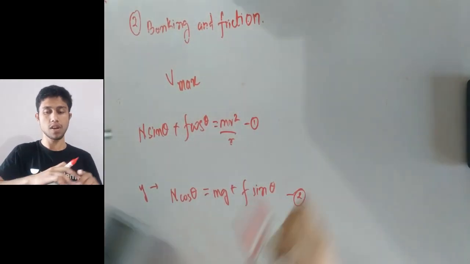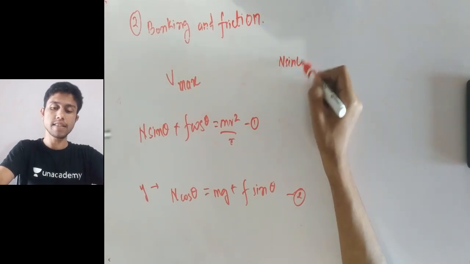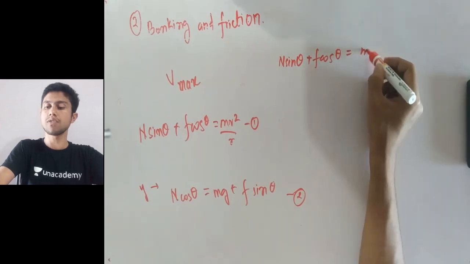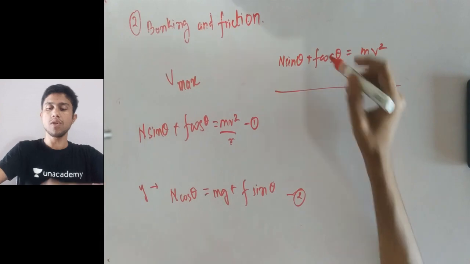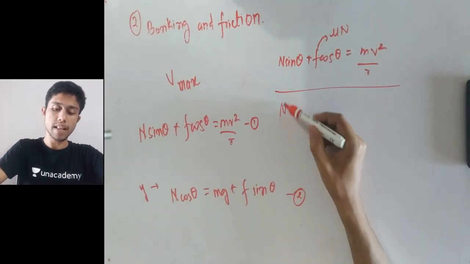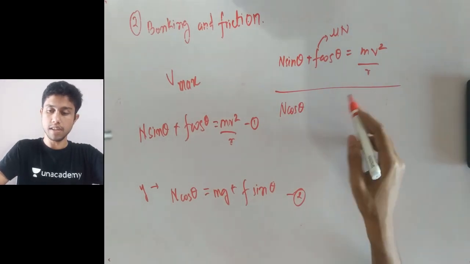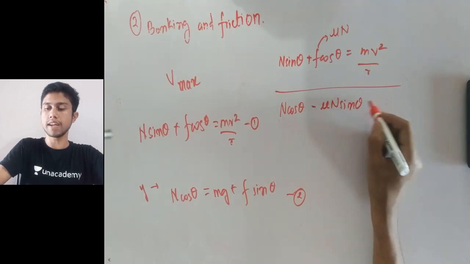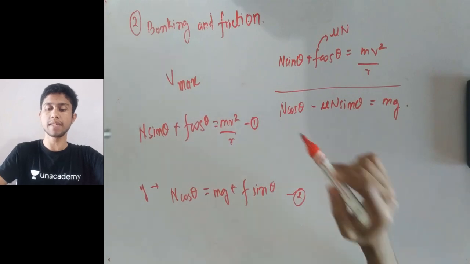So if I divide these two expressions, I'll get N sin theta plus F cos theta equals mv square by r, upon, so I can write F as mu N, N cos theta minus mu N sin theta equals mg. So in this way I have written these formulas.